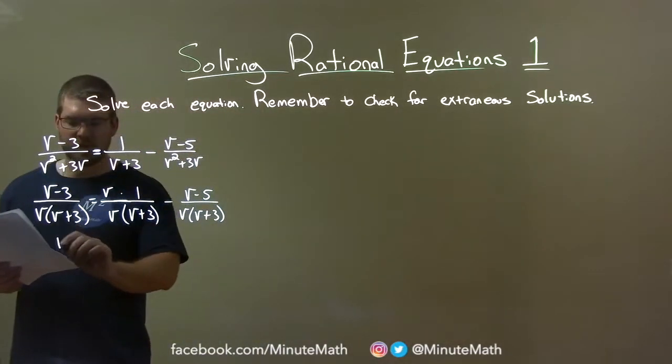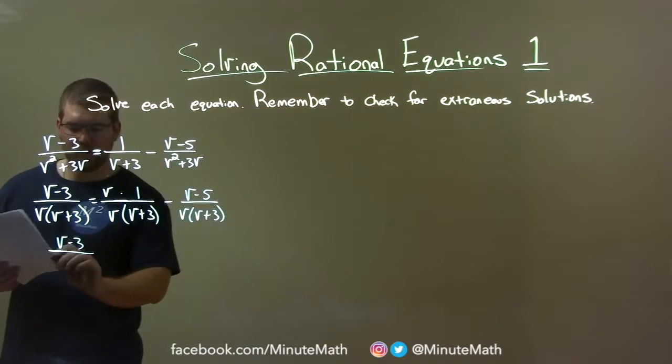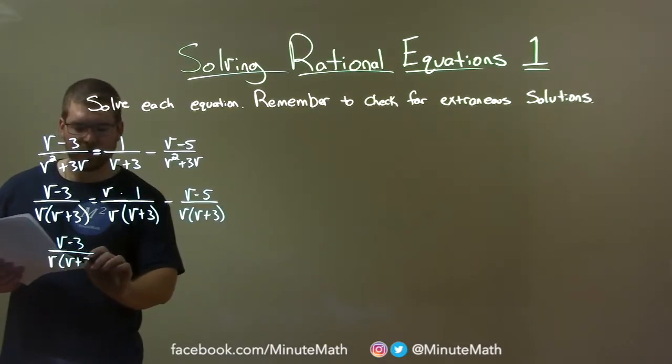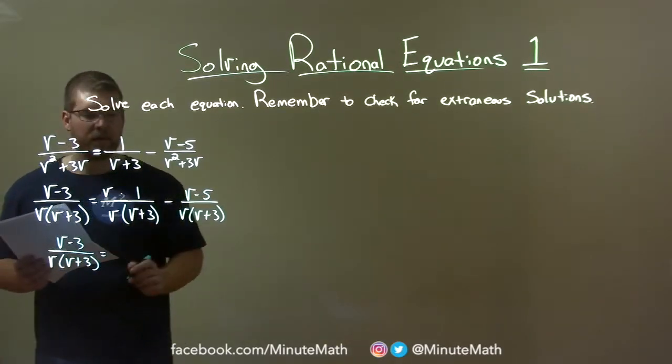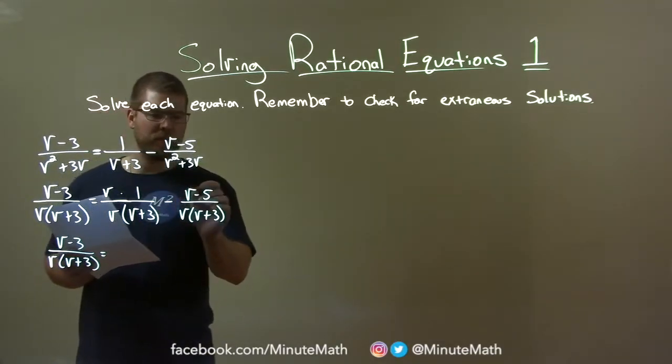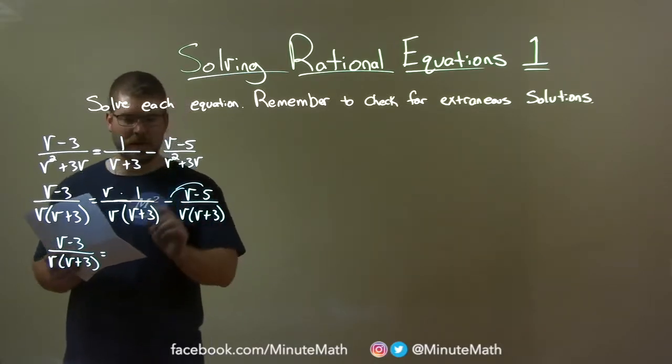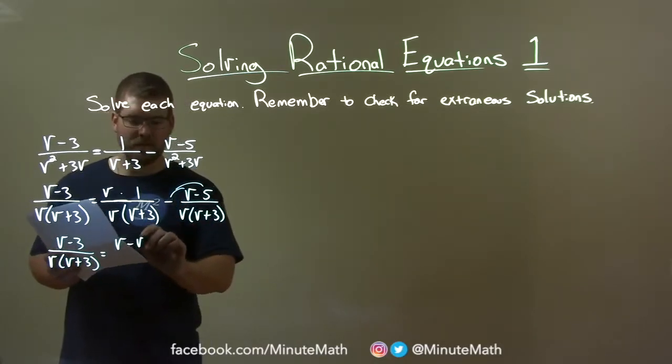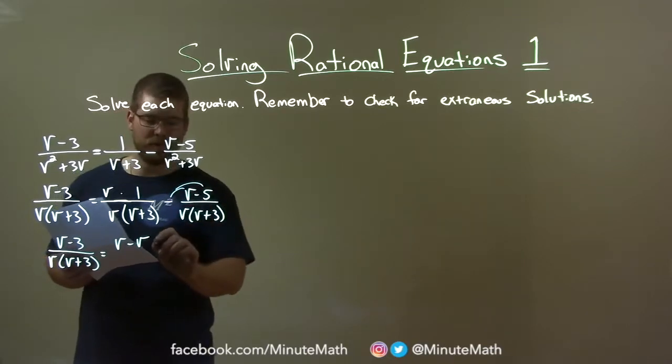Left-hand side, keep the same: v minus 3 over v times v plus 3. Here, let's subtract the numerators, v minus 5. We can distribute that minus sign across, and so we have v minus v, and then minus 5 is plus a positive 5.